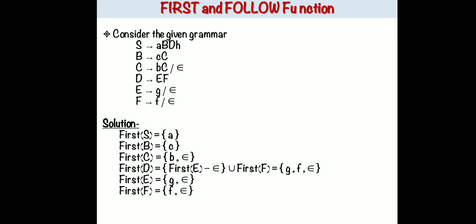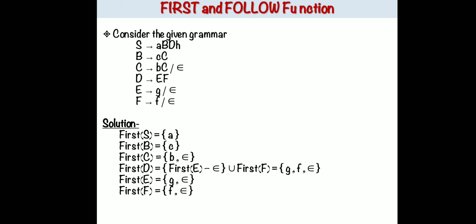So first of E minus null union first of F, which is already mentioned in the rule that if first of E contains null, then we eliminate the null and then union with first of F. So what we get is G, F and null, as first of E means G, eliminating the null, and first of F means small f and null.